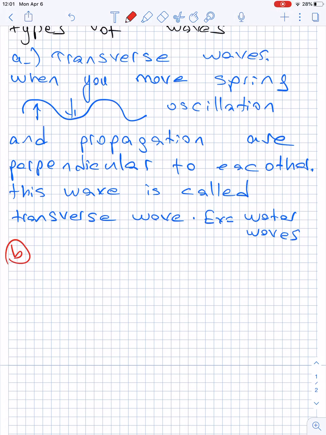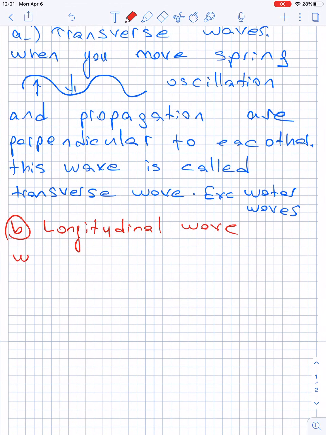Second, the longitudinal wave. What is the longitudinal wave?